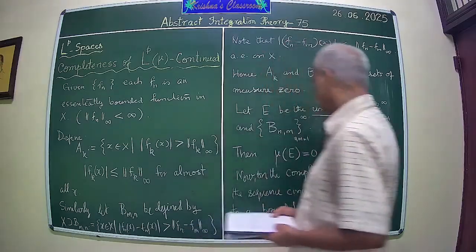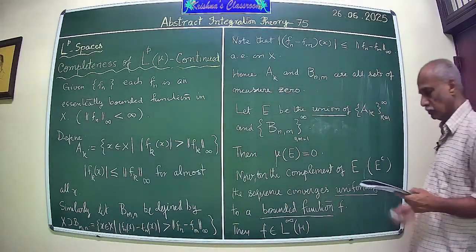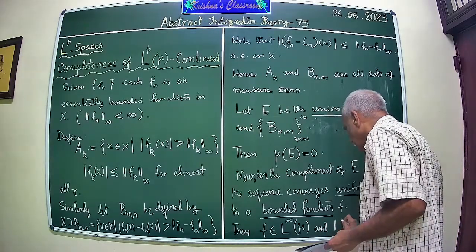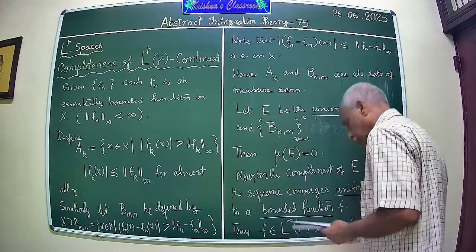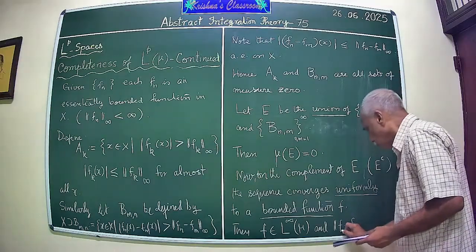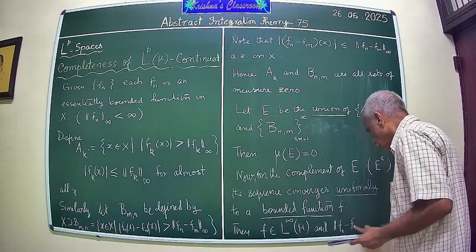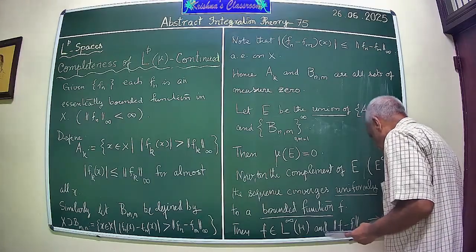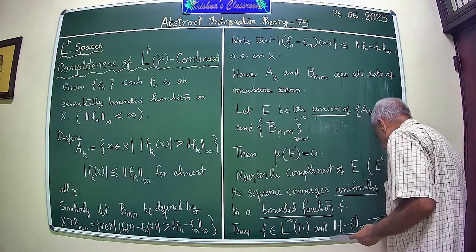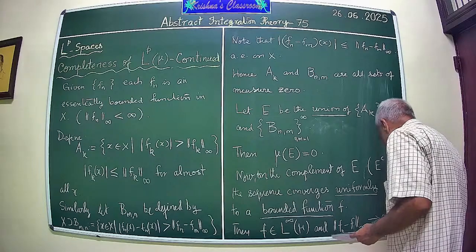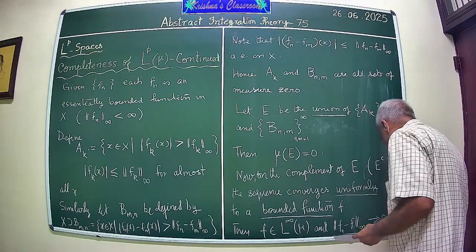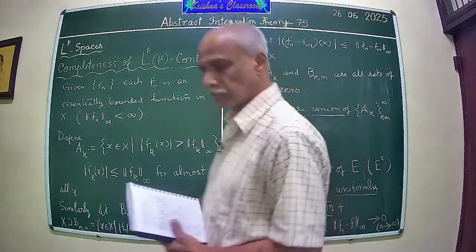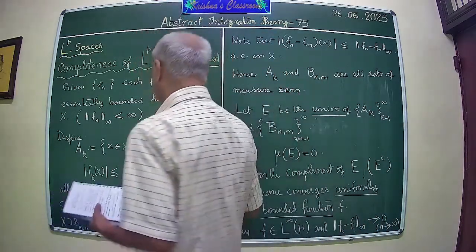Naturally, f belongs to L infinity, and the norm of fn minus f goes to 0 as n goes to infinity. So, this completes the proof of the completeness law.